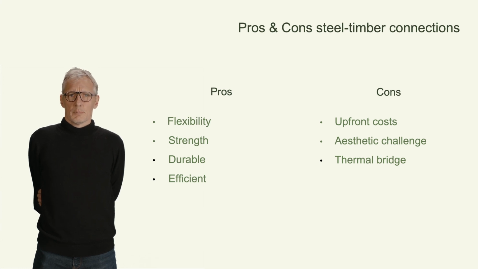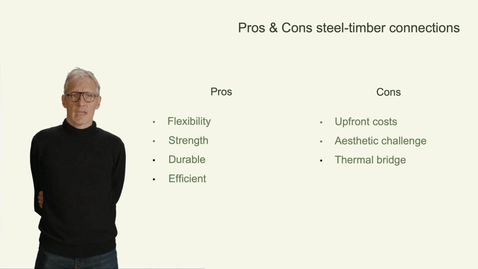Steel, being a good conductor, can compromise your building's thermal performance if not carefully designed. It can create pathways that allow heat to move through the building's envelope, affecting its insulation and energy efficiency. So as you can see, like anything in architecture and engineering, it's about understanding and striking a balance.